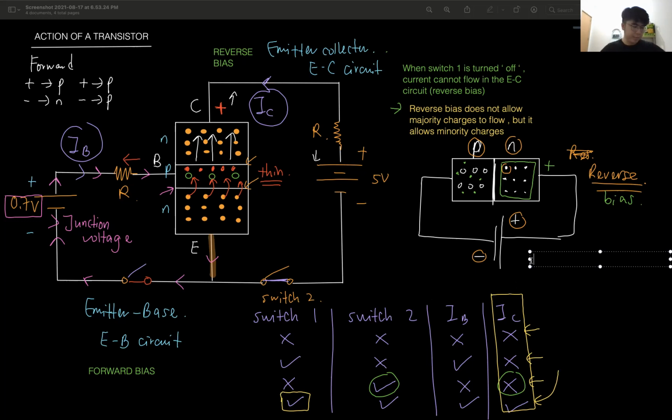So let me write it down here. Current in the collector circuit is controlled by current in the base circuit.